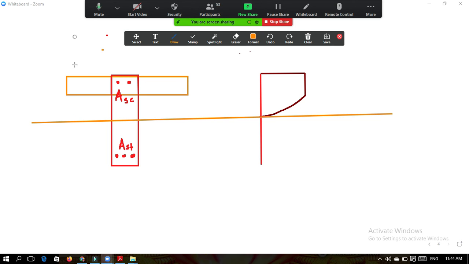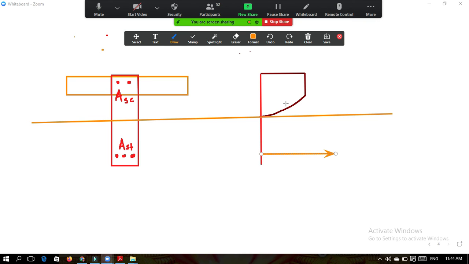You know that this total is BF, this is DF, the effective depth, and this portion is BW. All these things are known to you now. Now I am focusing on showing you the forces. At this level, you know that TU is acting. So this is your force TU.